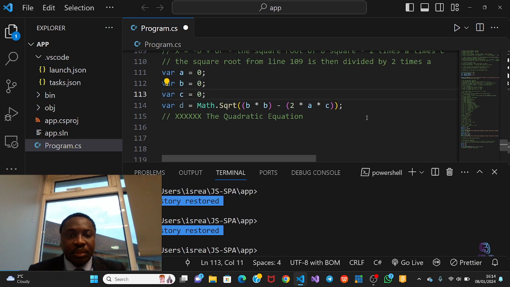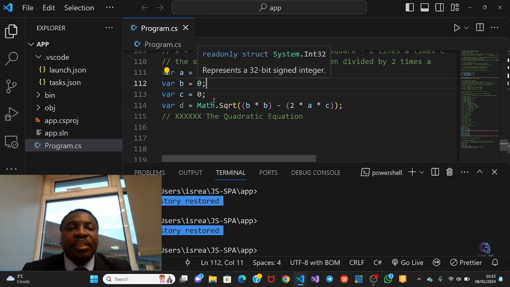So with this, we have everything equal to 0: variable a equal to 0, b equal to 0, c equal to 0. So variable d is marked the square root of b squared minus 2ac. With this, the numerator is being solved, but I've not gotten the final conclusion. So we have to input the values for a, b, and c.